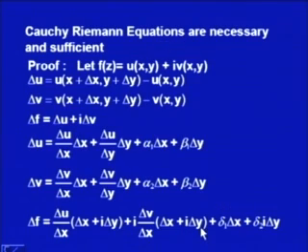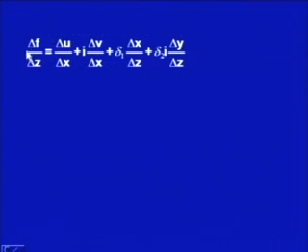delta x plus I delta y plus delta 1 delta x plus delta 2 times I delta y. So, this is nothing but delta z. So, this delta f by delta z is nothing but delta u by delta x plus I times delta v by delta x plus delta 1 times delta x by delta z plus delta 2 I delta y by delta z.